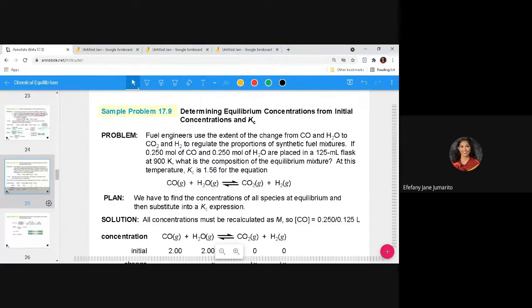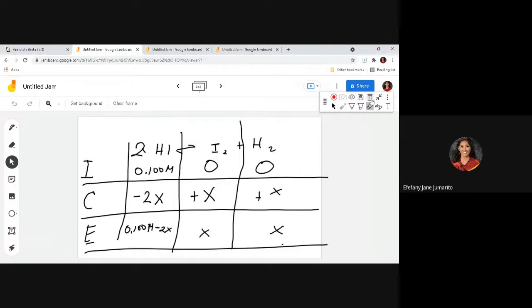Okay, so fuel engineers use the extent of change of CO and H2O. Let's use an ice table.